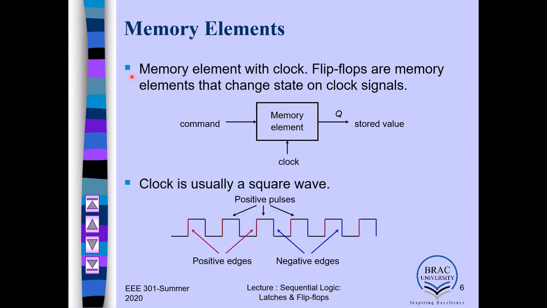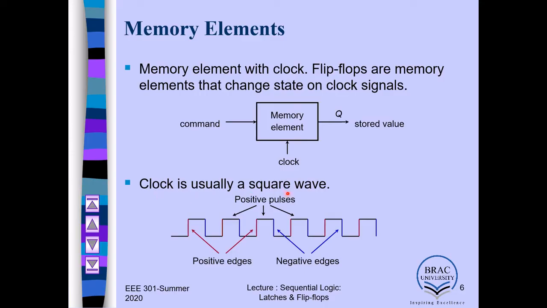Memory element with clock. Flip-flops are memory elements that change state on a clock signal. So whenever you give the clock, based on your command, it changes its state and stores it in the flip-flop.